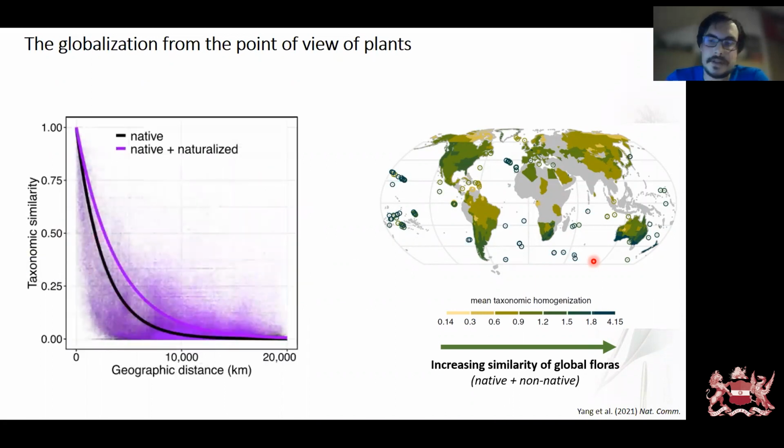Also, what Qiang and we found in this study was that well-established patterns in native species, like the distance decay, where the taxonomic similarity between regions decreases sharply with geographic distance, becomes more relaxed or weakened if we take into account naturalized floras of these regions. So this distance decay pattern is weakened through the exchange or by the introduction of non-native plants.